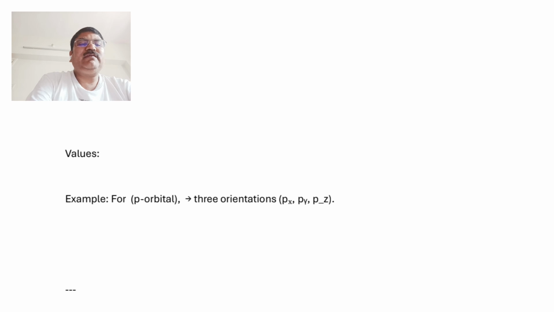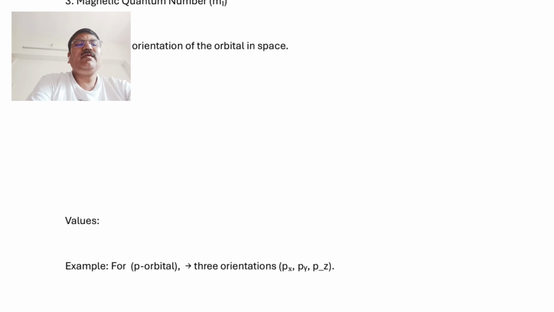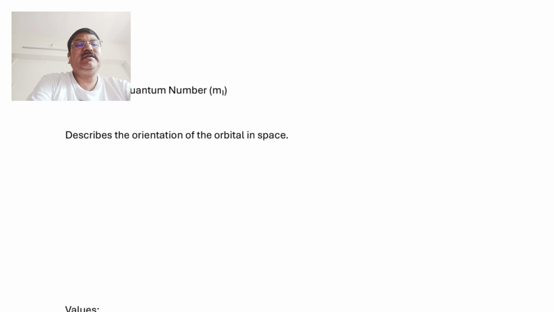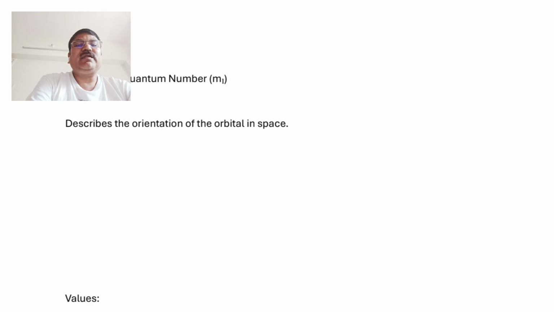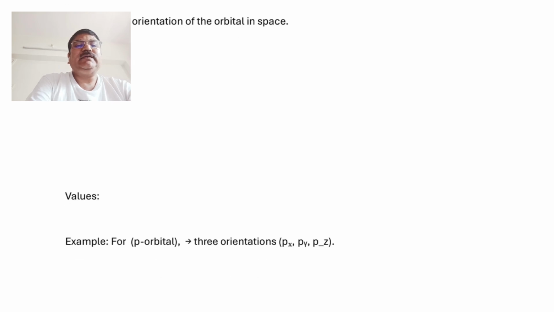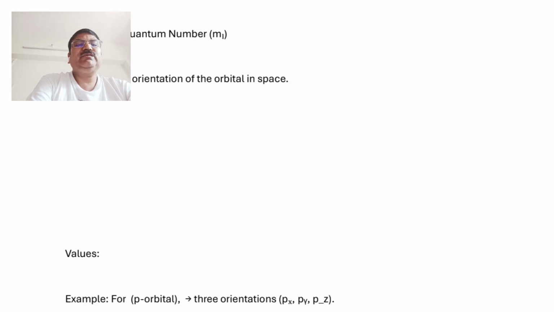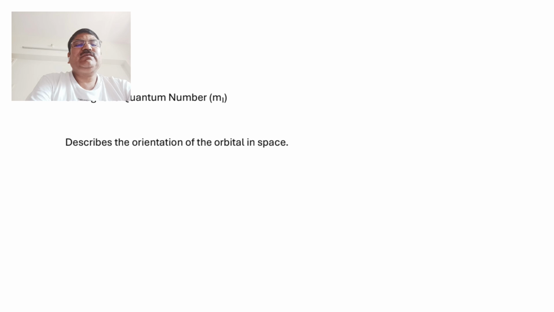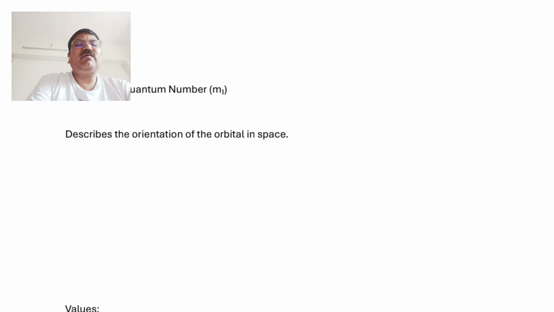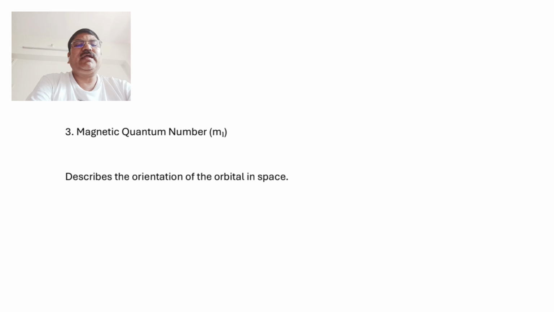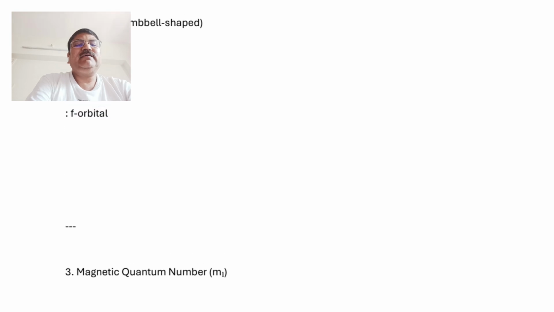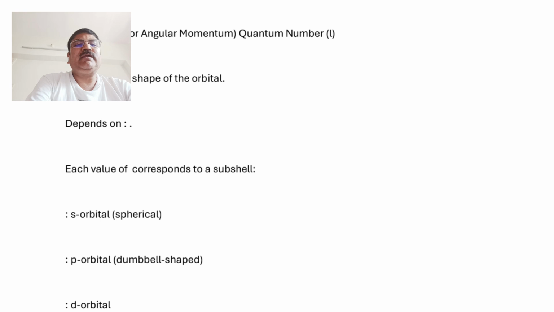If it is oriented on the y-axis, py, and if it is oriented on the z-axis, then it is called pz. So this shows the orientation of the orbital, which is called the magnetic quantum number.